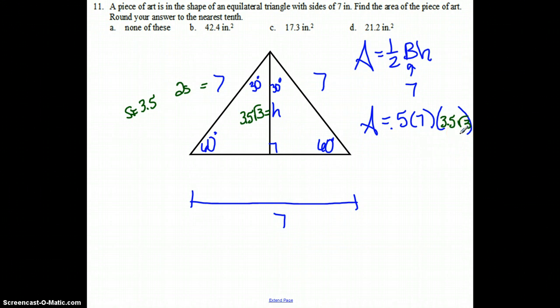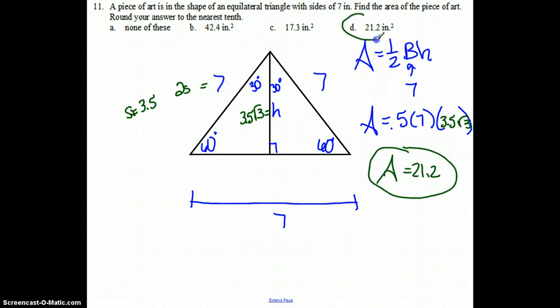So 0.5 times 7 times 3.5 times the square root of 3 would give me 21.2. Do remember, answer is D then, to put the 1/2 in there if it's a triangle, because this answer is one that people often will answer because they're not paying attention to making sure they have 1/2 in there.